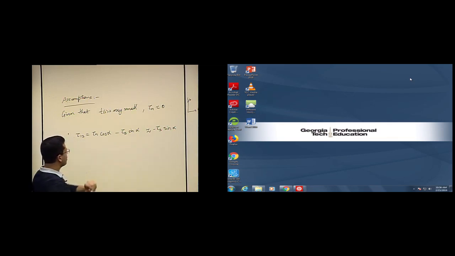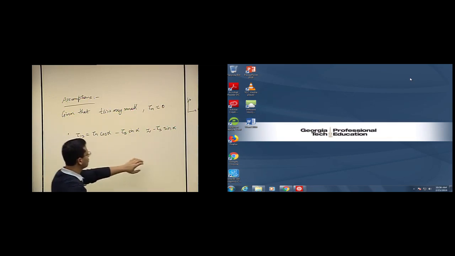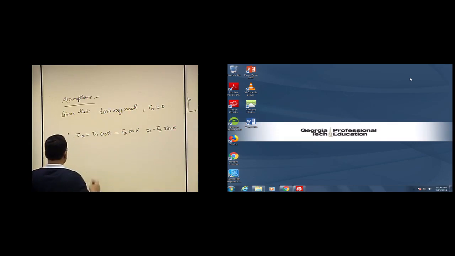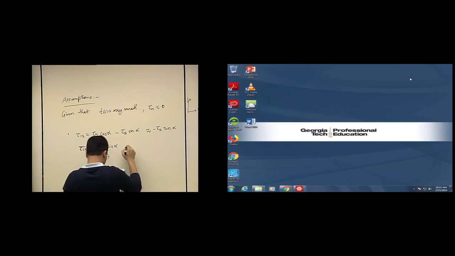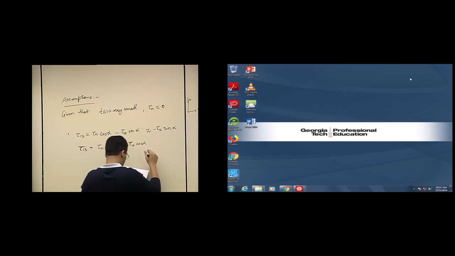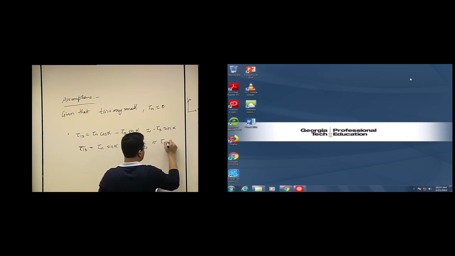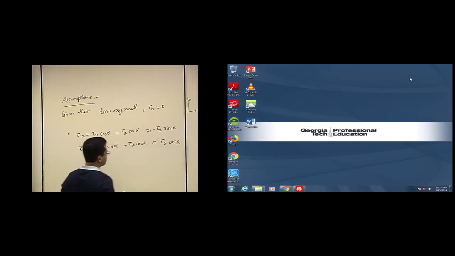Rearranging those equations, tau n goes to 0, and we have tau 1 3 is equal to tau n sine alpha plus tau s cosine alpha, which goes to tau s cosine alpha.